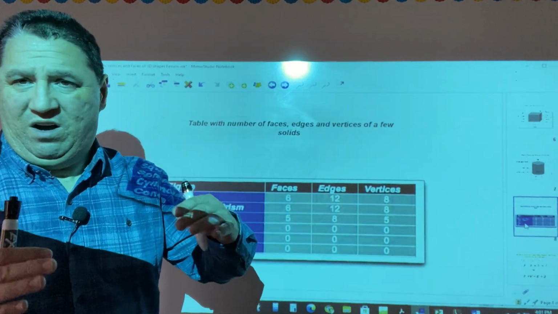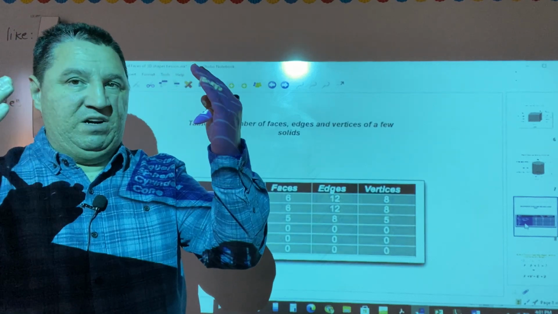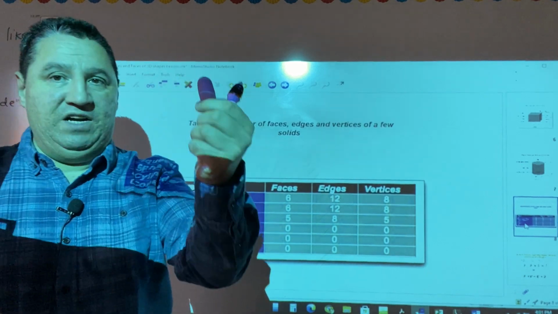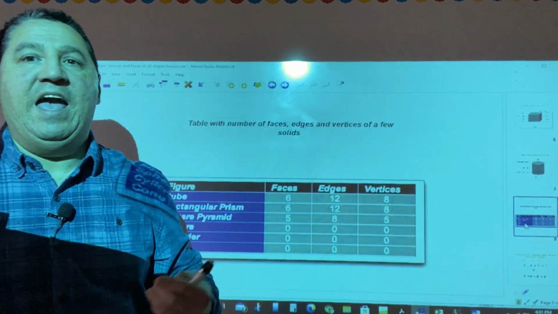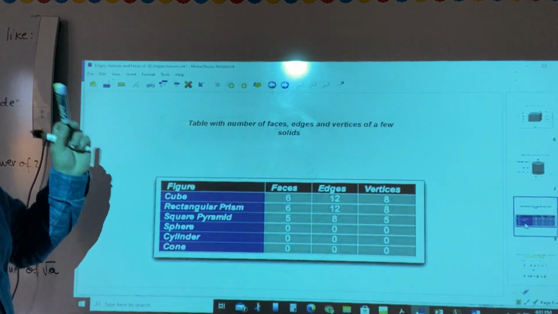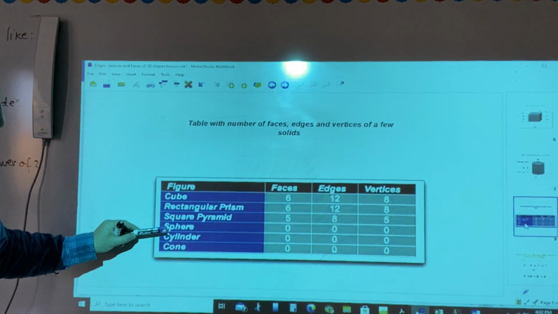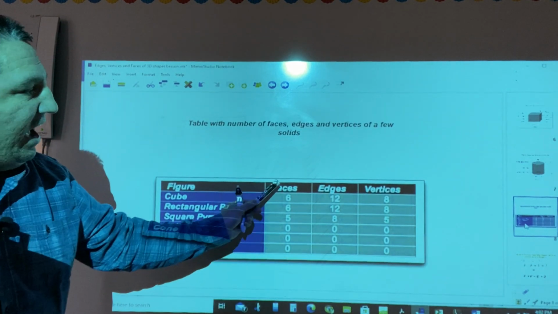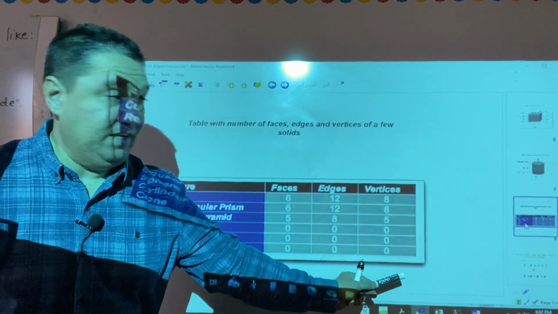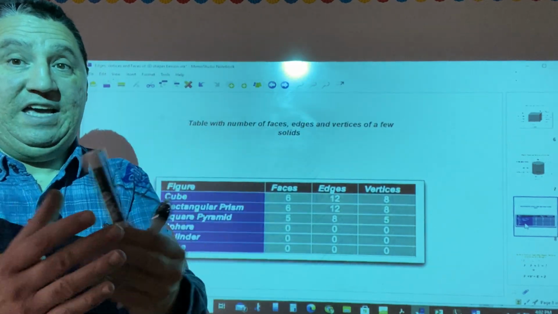It's not so hard to count them. All we need to do is to remember the definition of each component. What is a vertex? What is an edge? What is a face? And keep in mind this detail. For sphere, cylinder, and cone, we don't have any face, any edge, any vertex, because they are curved.